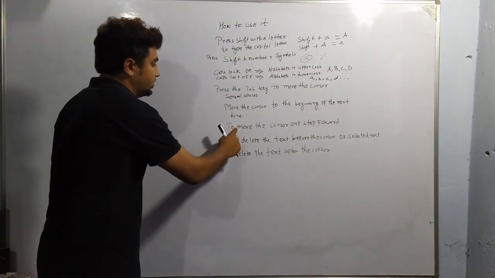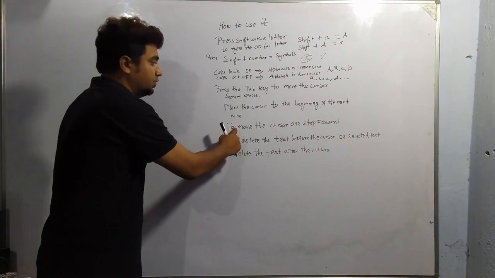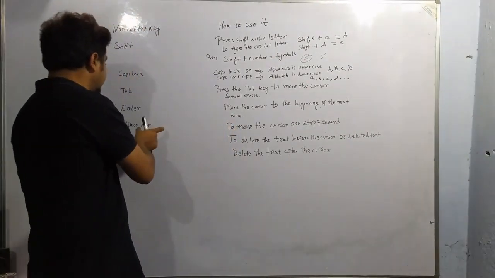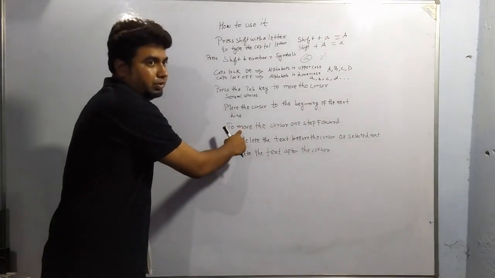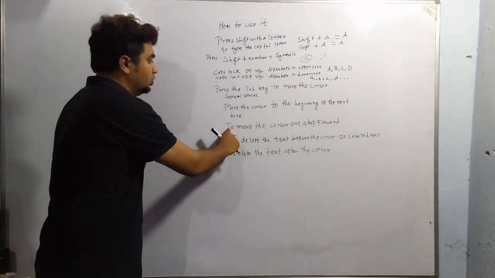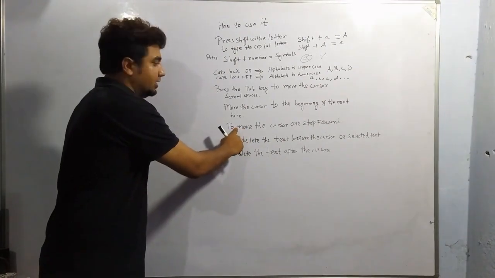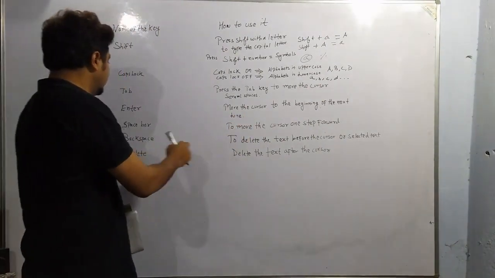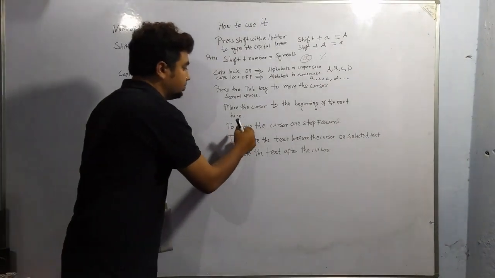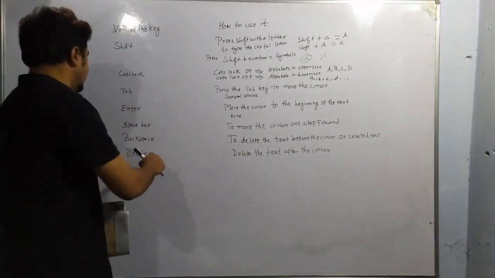If I have written 2 and then I want to write M, I have to press the space bar key first, so one space will be left and then M will be written. This is the function of the space bar key, to give space between the words.